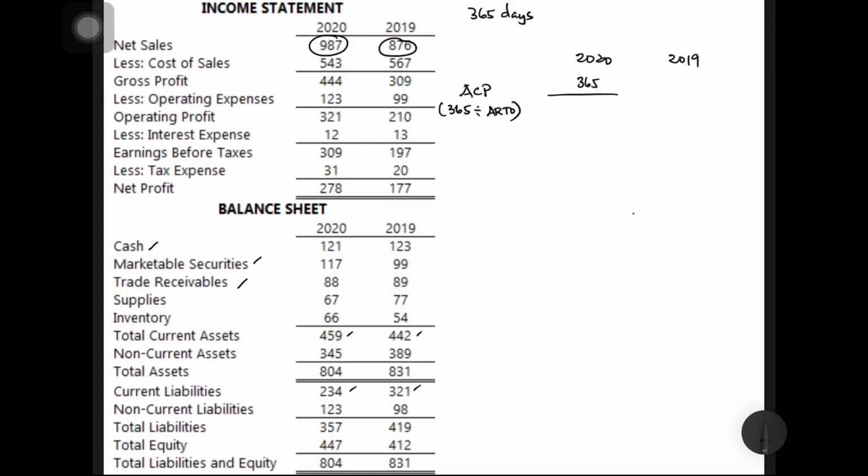So it's 987 divided by the average accounts receivable.